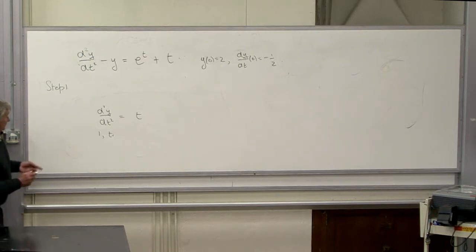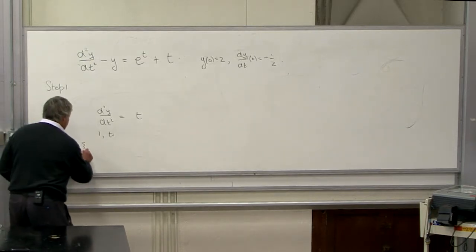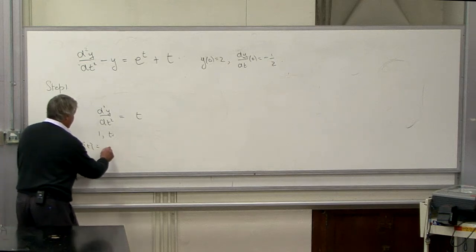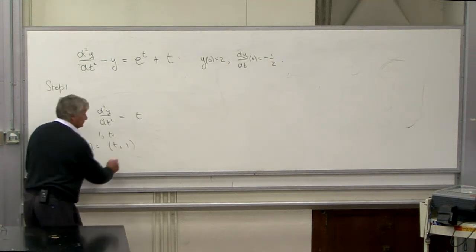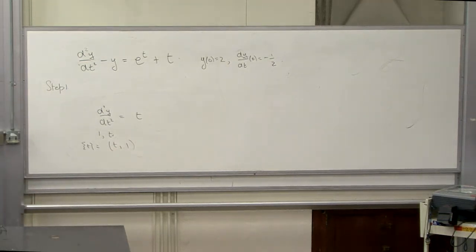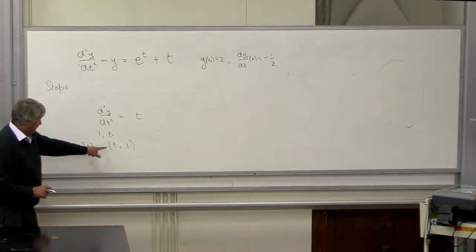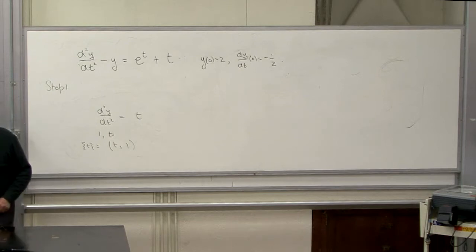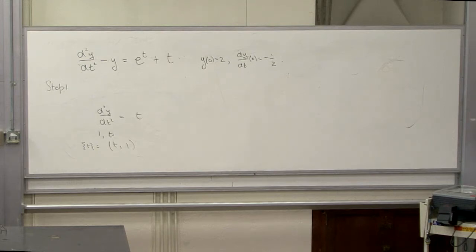Then the auxiliary set of t, the right-hand side, is t and 1, because when I differentiate this repeatedly, I only end up with t and 1.